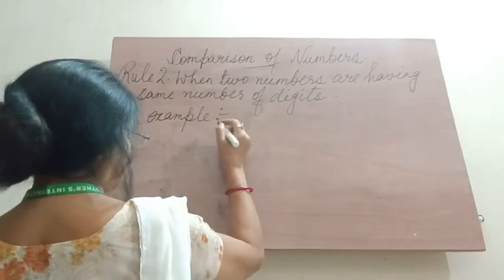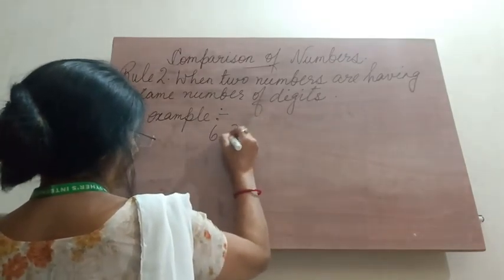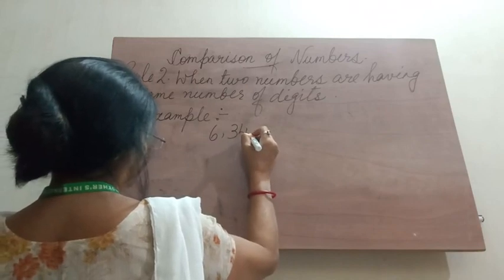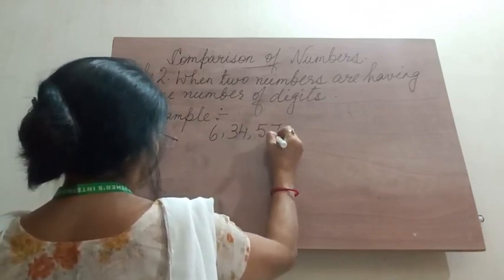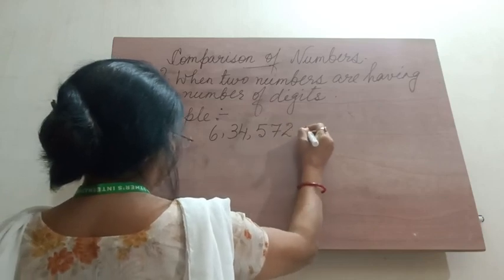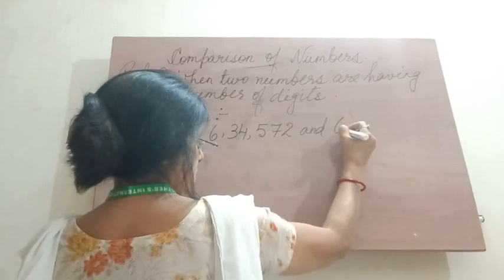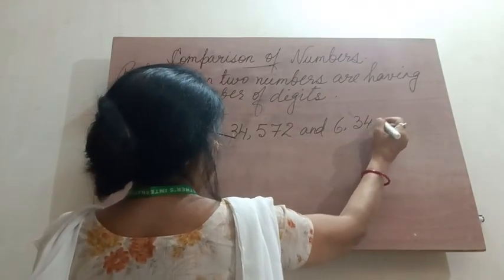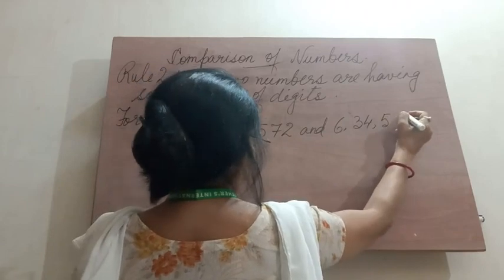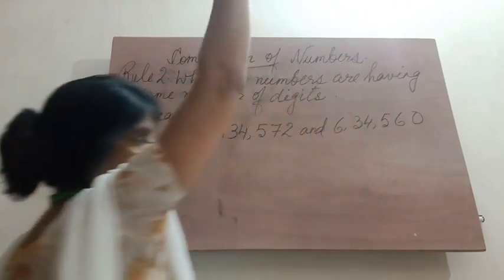Now, one more example I am taking. See, 6,34,572 and the second number 6,34,560. Clear to you?